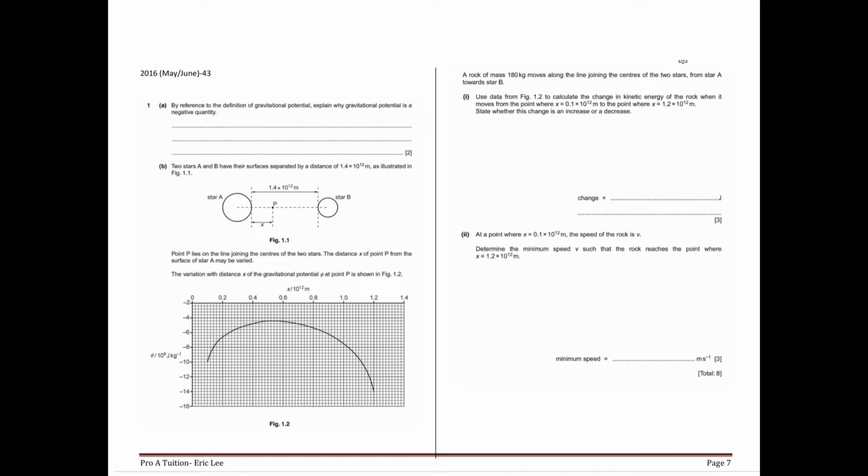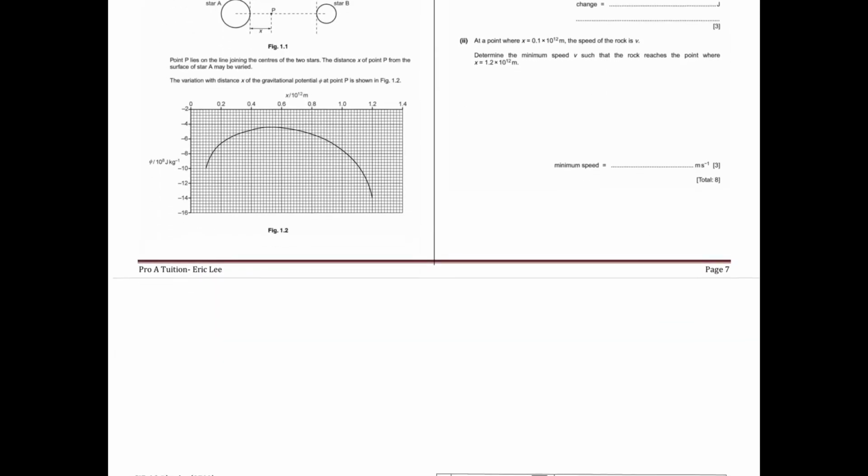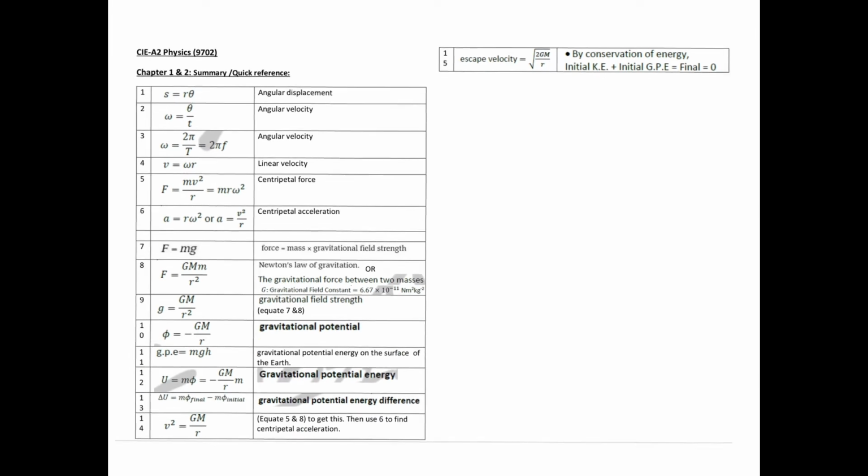So let's look at this. We have the notes at the bottom here. Okay, you look at 2.4 here. This is the definition of the gravitational potential.